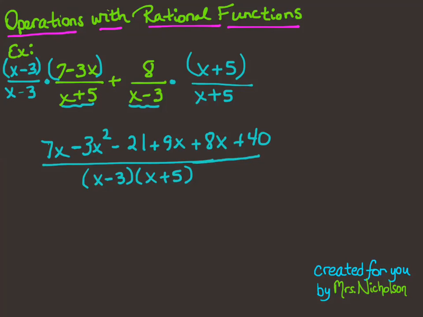Alright, so now I have a common denominator. I've multiplied everything out in the numerators, and the last step here is just to combine like terms. My denominator is still going to be x minus 3 times x plus 5.